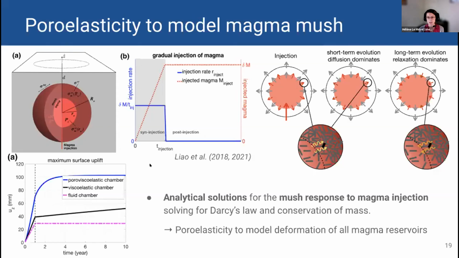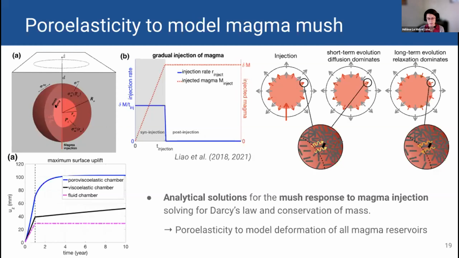So the analytical models I show here were introduced by Liao and others in 2018 and 2021. And it considers the mechanical response of a magma chamber with poroelastic or poroviscoelastic crystal mush around it. So in this model, on the sketch here, this is from 2021, there's a liquid core of fluid and compressible magma in a spherical reservoir and a shell of poroviscoelastic material around it.